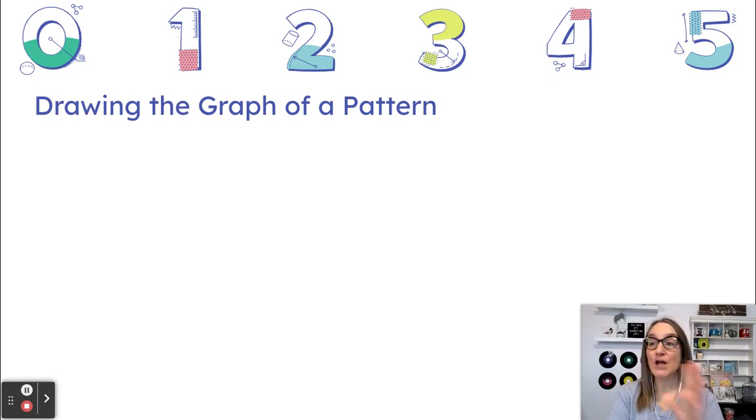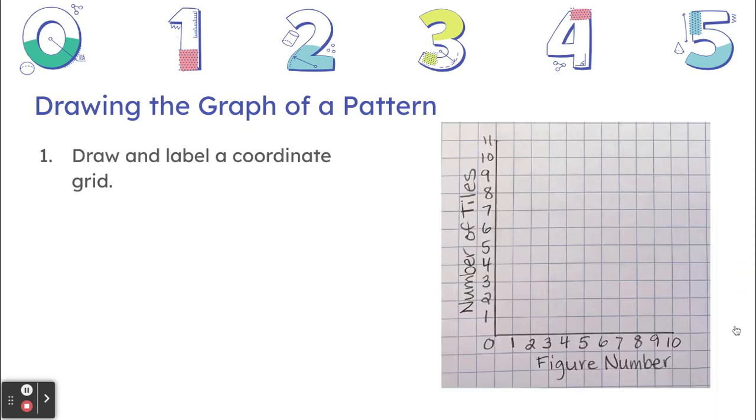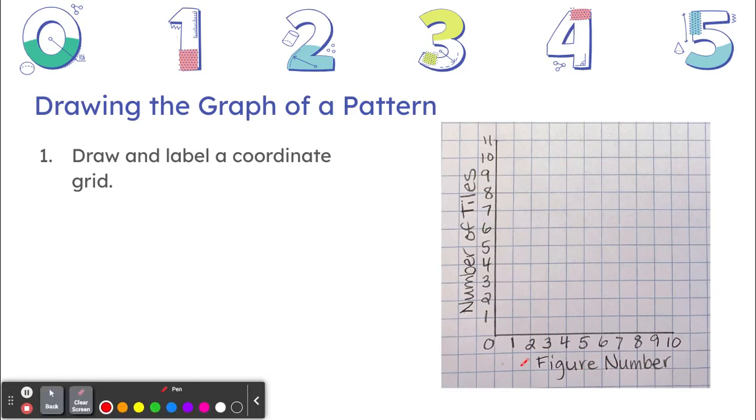All right, so drawing the graph of a pattern, now that we have the table of values with the ordered pairs ready to go, the first thing we have to do is draw and label a coordinate grid. Now, I want you to notice that on my x-axis, or my horizontal axis, I have my figure number. That's what I'm labeling there.